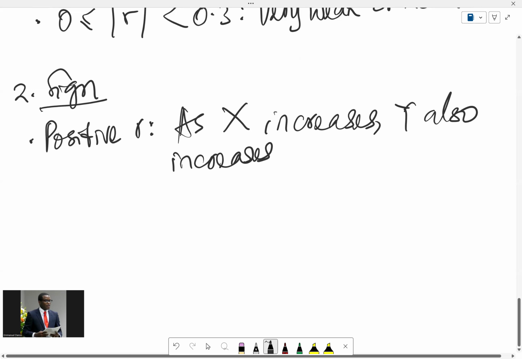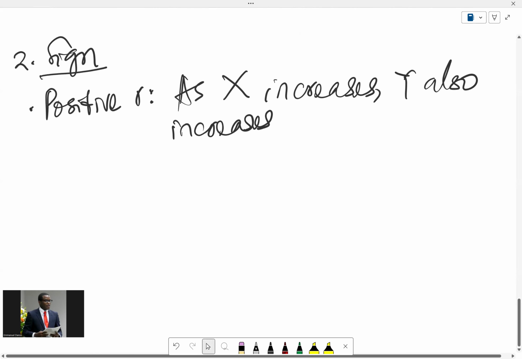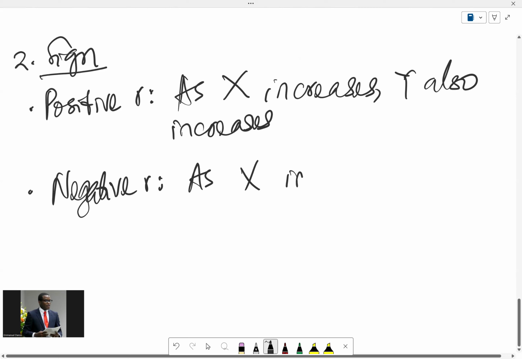So that is some kind of direct relationship, direct correlation. And you can have negative R. For negative R, that says that as X increases, Y decreases.